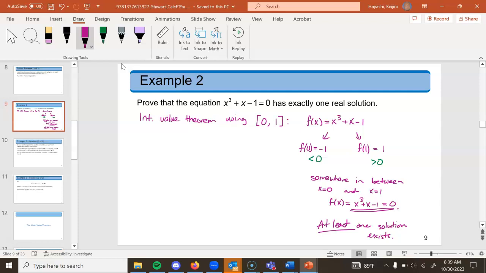And to prove that it's exactly 1 and not 2 or 3 or 4 or 500, that's when we're going to use Rolle's theorem.